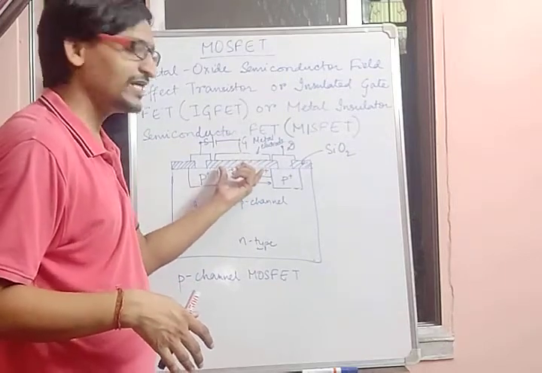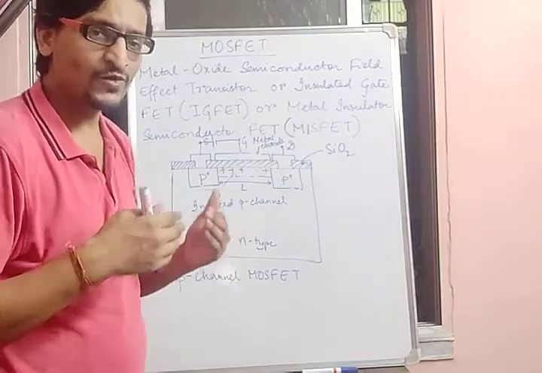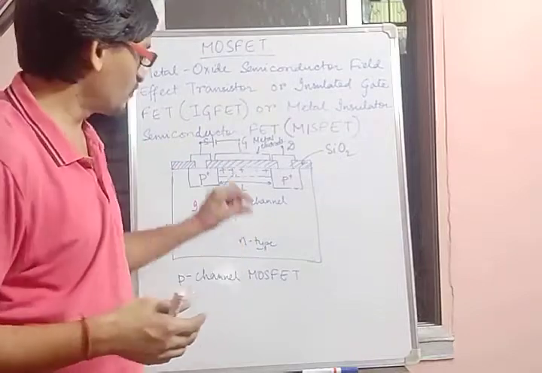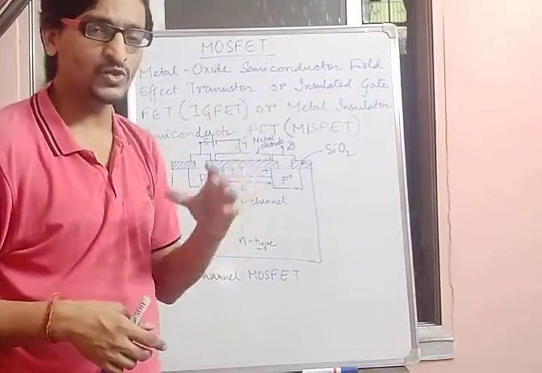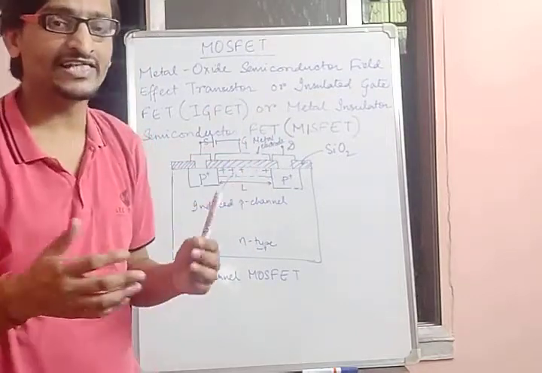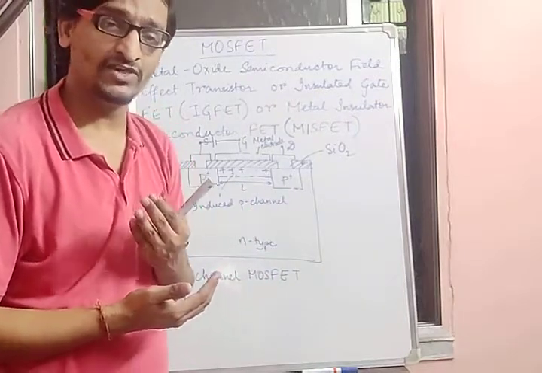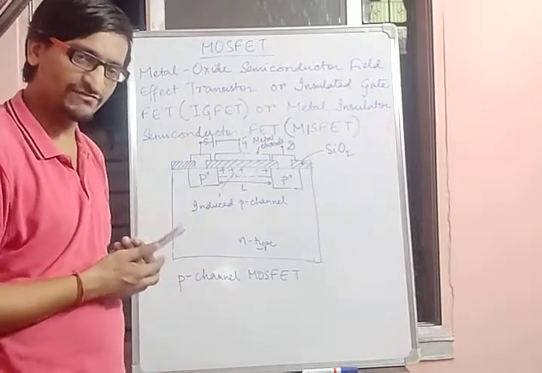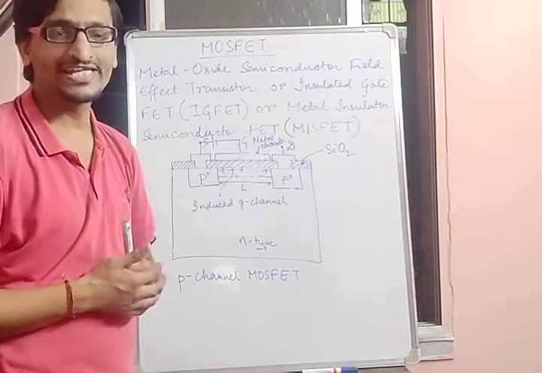As a result, its conductivity is increasing, because the width of the channel will go on increasing. As a result, its conductivity will go on increasing. So as you apply more and more negative voltage, its conductivity will go on increasing, and as a result your current will also increase.